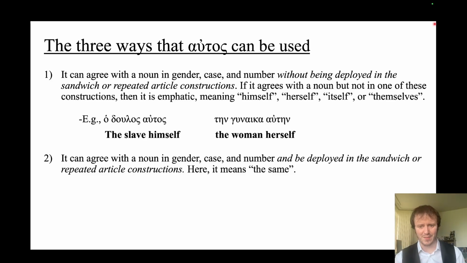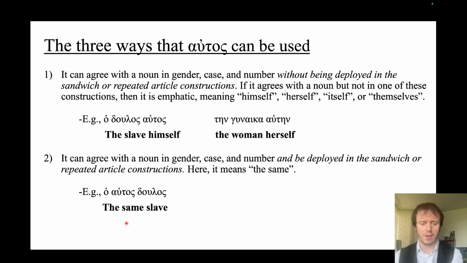It's an adjective there, meaning the same. So for example, if we said ho αὐτος doulos, αὐτος is agreeing with doulos and it's being deployed in the sandwich construction. And therefore here, αὐτος is meaning the same. Okay? So this means the same slave.